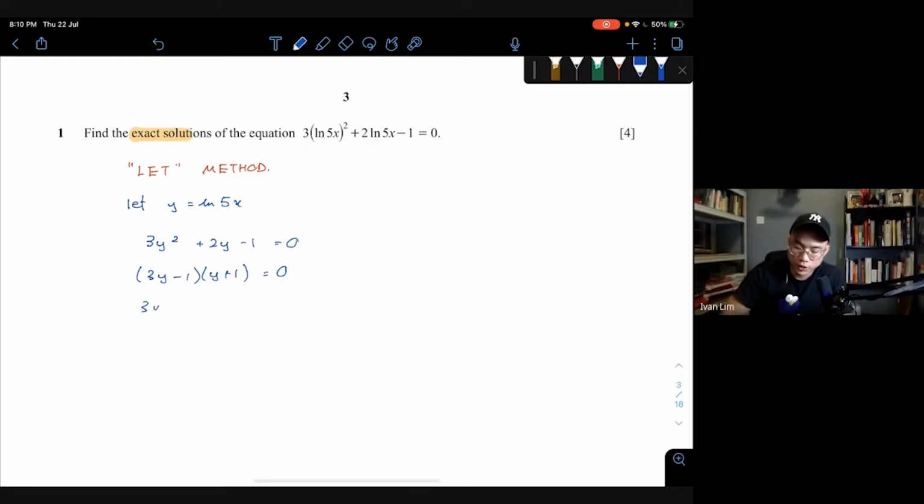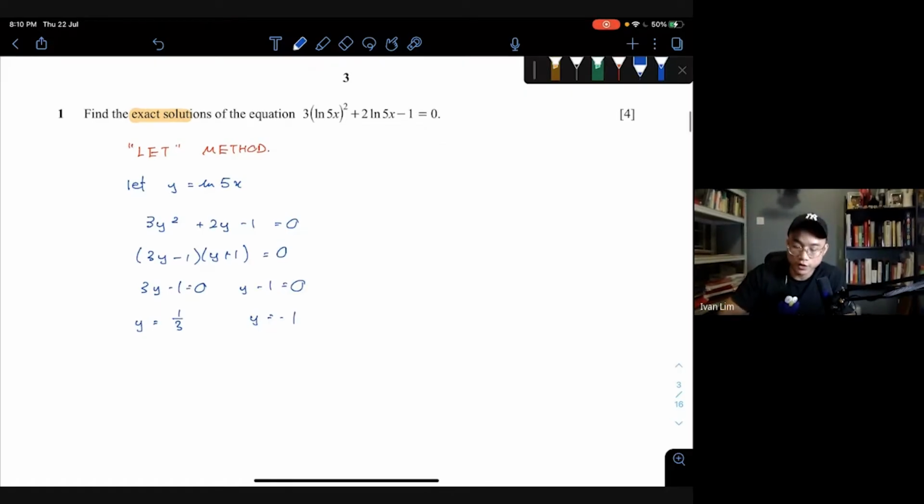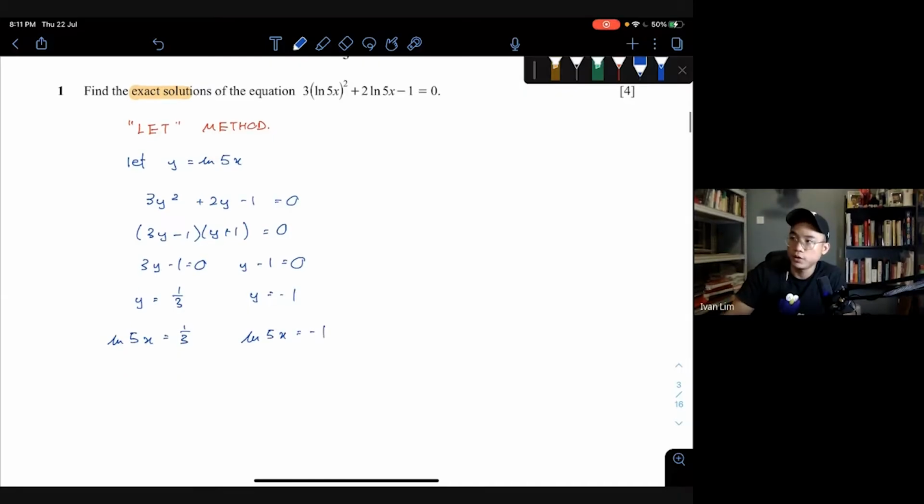Okay, then 3y minus 1 equals 0, y minus 1 equals 0, y equals 1 over 3, and y equals negative 1. Okay, change it back to ln 5x. ln 5x equals 1 over 3, ln 5x equals negative 1.